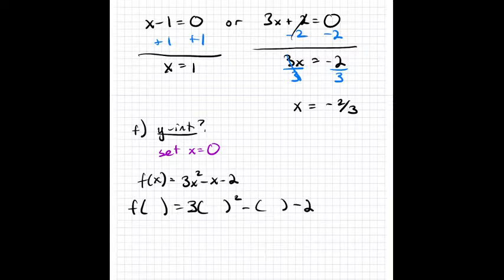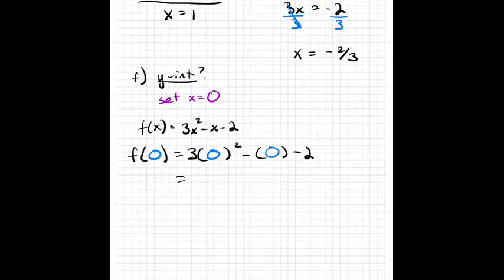That helps us keep track of signs, like plus and minus. This term goes to 0, this term goes to 0, and the only thing left is negative 2. So the y-intercept is going to be 0, negative 2.